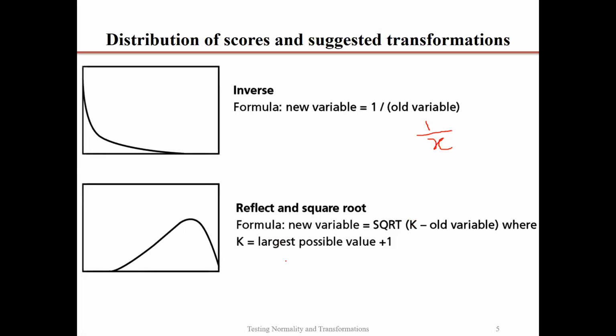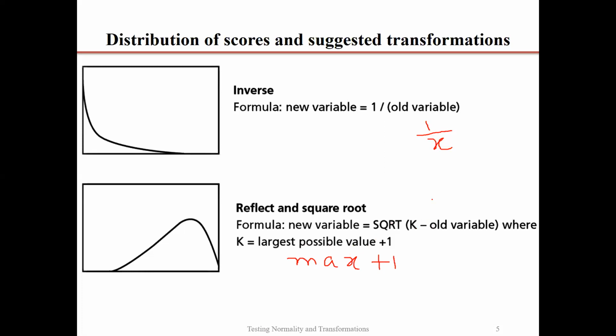K is the maximum value in the data plus 1. Why plus 1? Because if sometimes we have 0 in the data, then logarithm will not be suitable because it will become an error. So instead of taking k as the largest value, we will use the maximum plus 1 for the value of k.